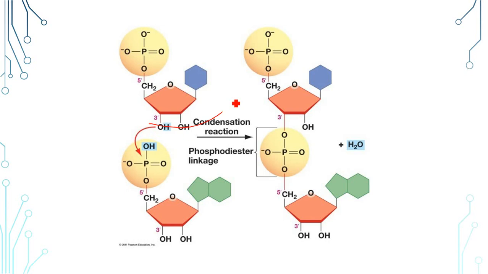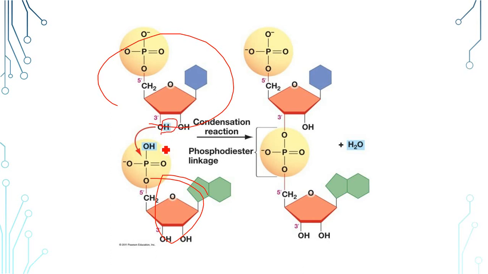That means when two nucleotides join together with a phosphate molecule, it is called a phosphodiester bond. So this is one nucleotide, this is another nucleotide, and this is a phosphate molecule. How a phosphate molecule links to nucleosides is what is called phosphodiester linkage.